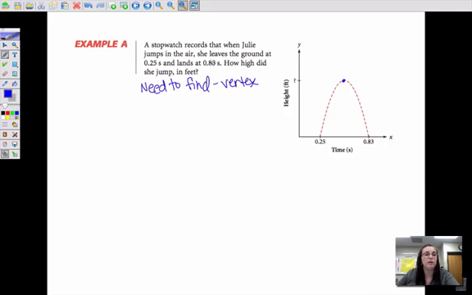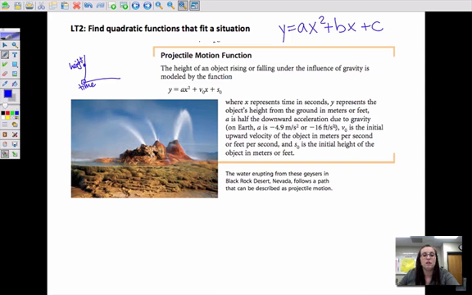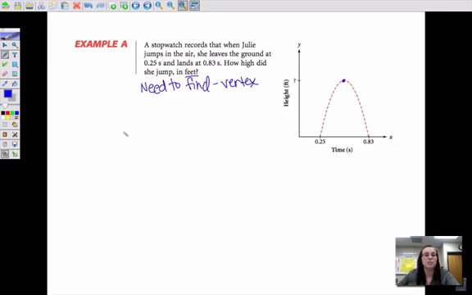If the information were given to you in a different measurement, like minutes, you'd want to convert it to seconds. And this is talking about feet, so we know that the leading coefficient will be negative 16 feet per second squared, because that is the downward acceleration due to gravity. That's never going to change.